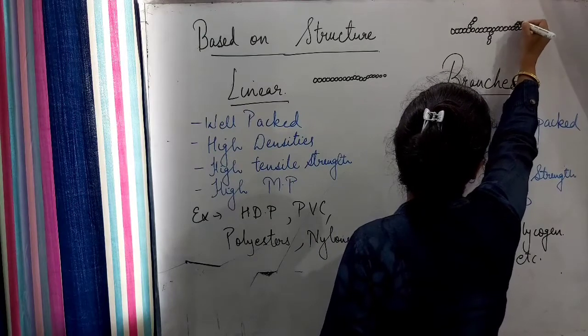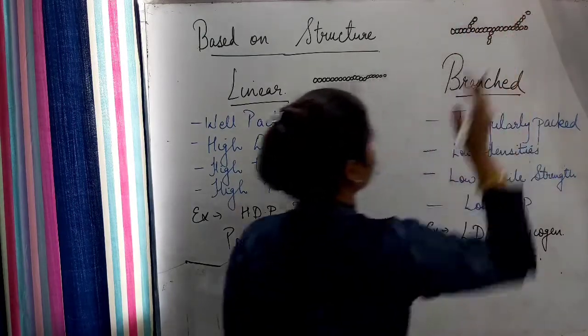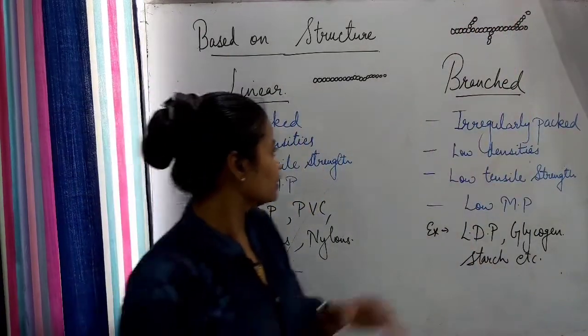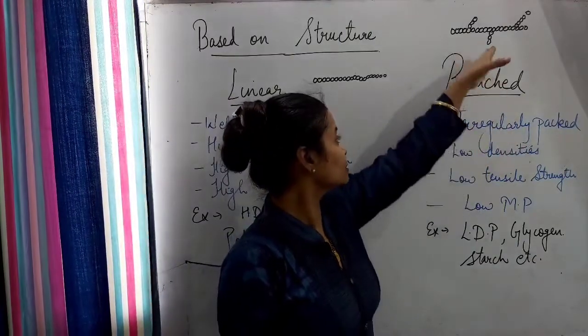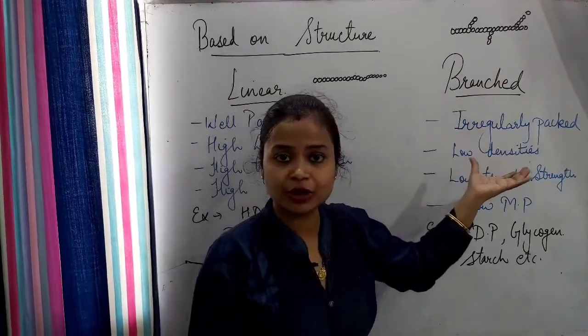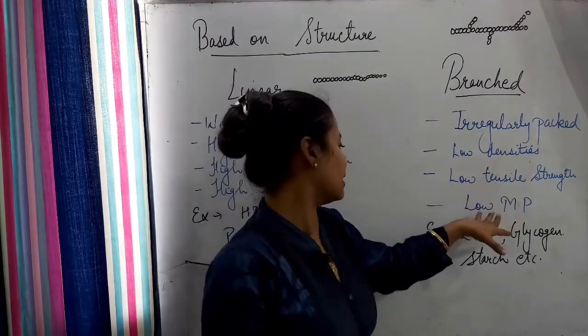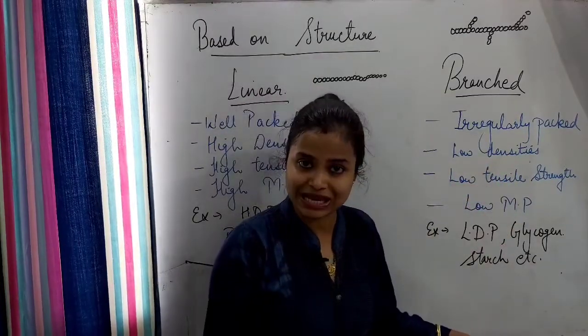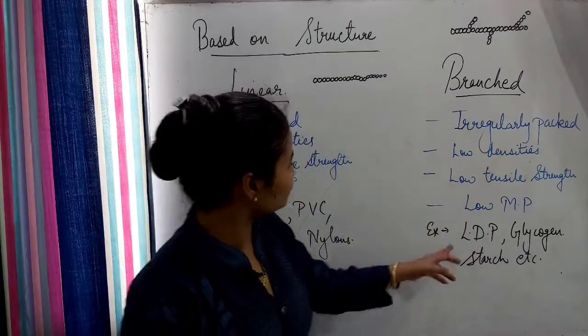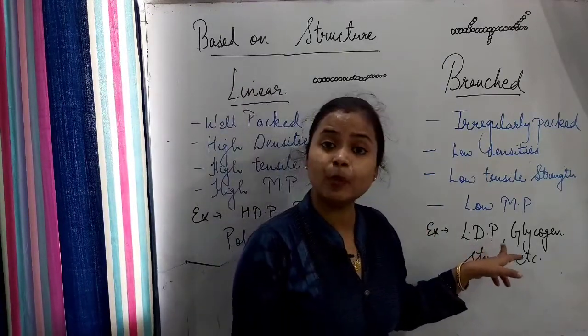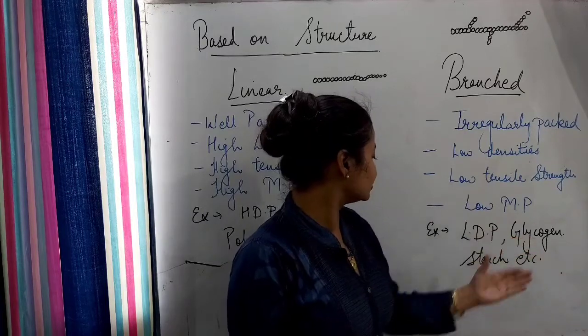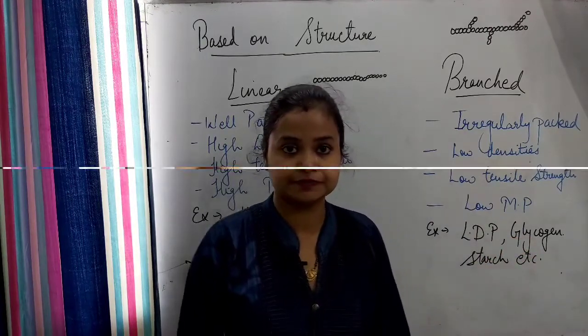So this is a branched polymer. Now it is irregularly packed due to the side chains, so low density will be there, tensile strength will be less, and melting point will also be less. Example for this is LDP, low density polythene, glycogen, starch, etc.